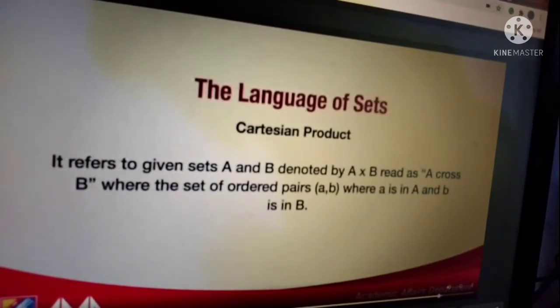Cartesian product. It refers to given sets A and B, denoted by A times B, read as A cross B, which is the set of ordered pairs (A, B), where A is in A and B is in B. So medyo nakakalito pero mamaya padaliin natin siya.